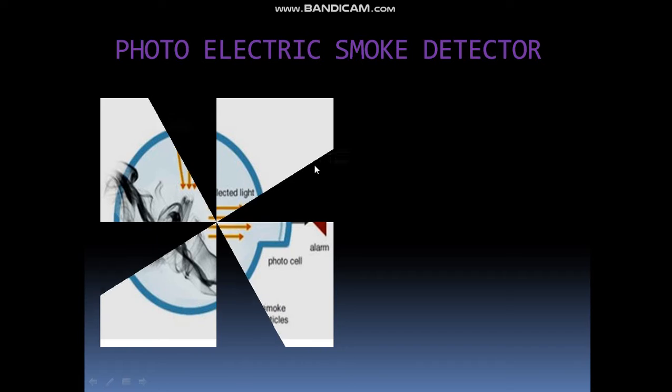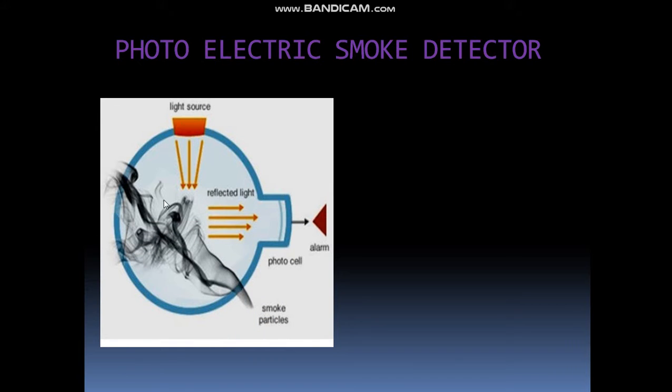Okay, so coming to the smoke condition. When there is smoke present and the smoke particles cross the LED beam, the light gets scattered by the smoke particles. This is the principle: the scattering of light by the smoke particles, and that scattered light is received by the photocell.